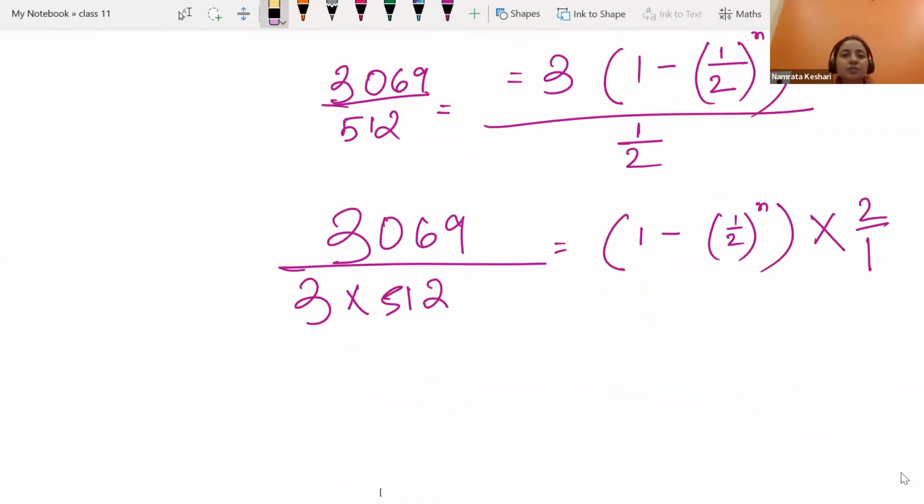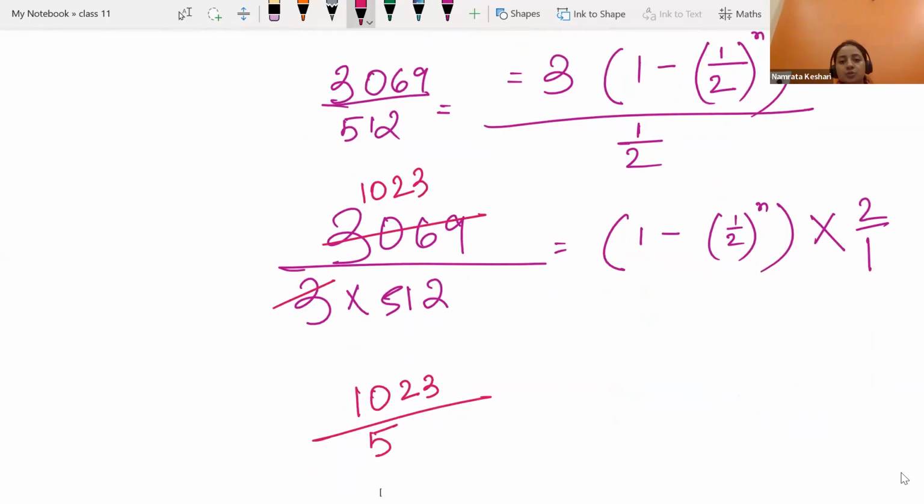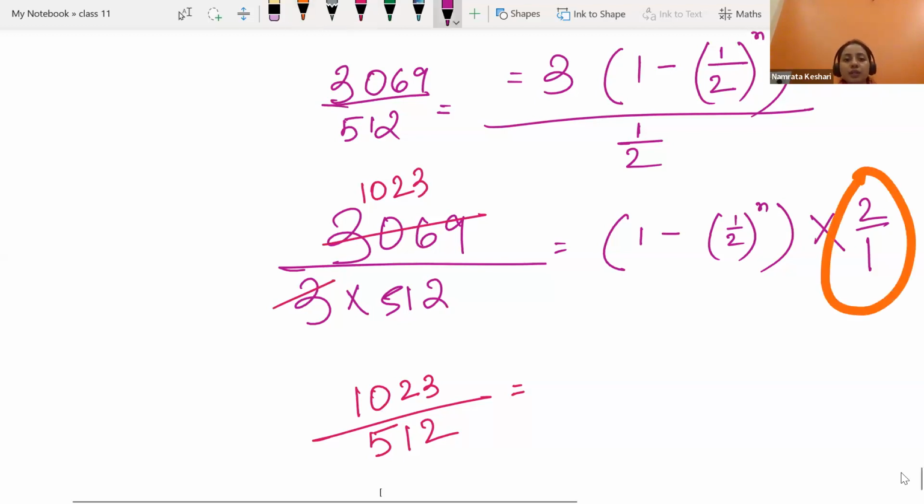Let's cancel first. 3, 3. 3 1 times 3, 3 2 times 6, 3 3 times 9. We are getting 1023 over 513 is equal to this. This 2 also I want to bring to this side, so it will come in the denominator. Right, Manvi?